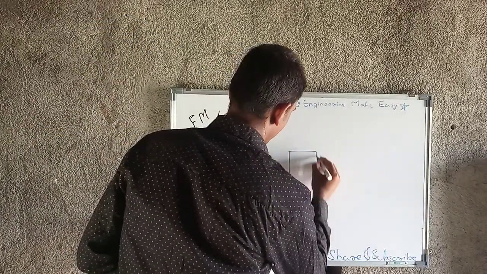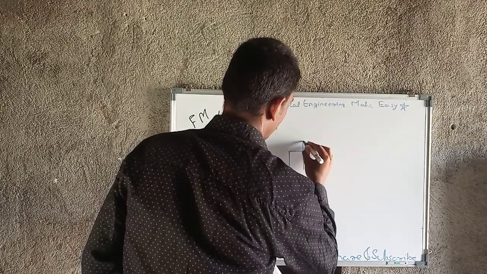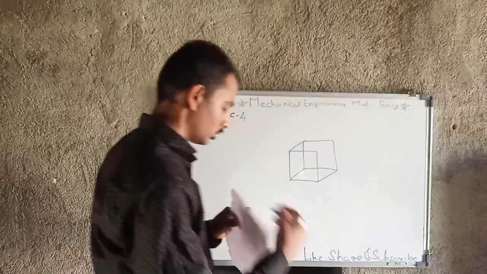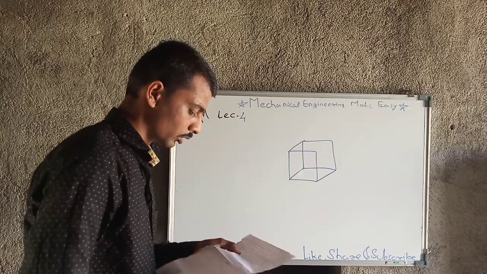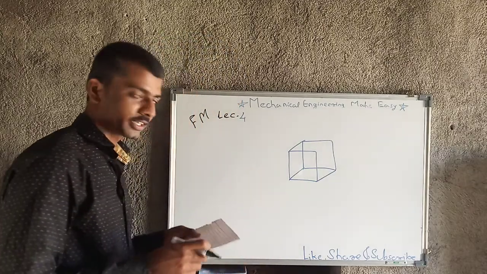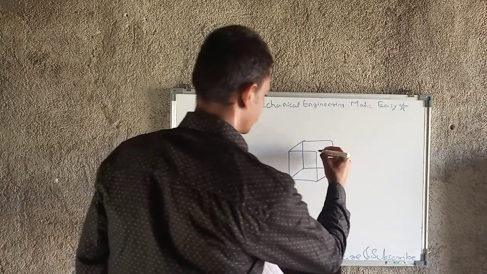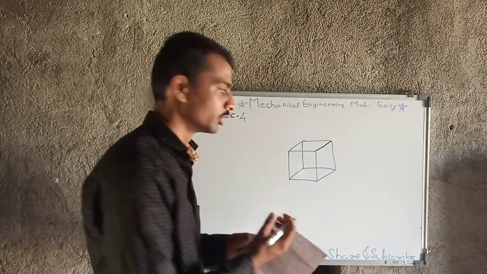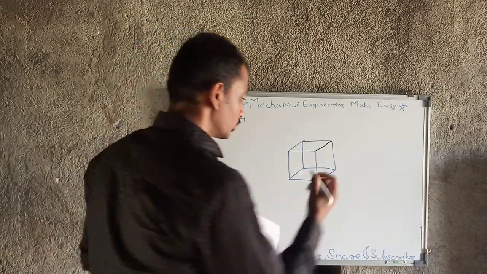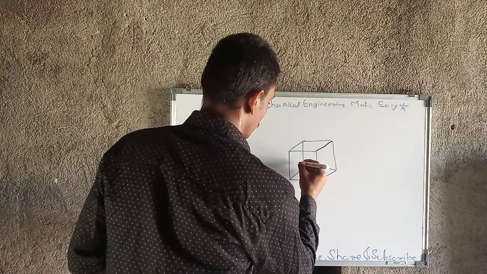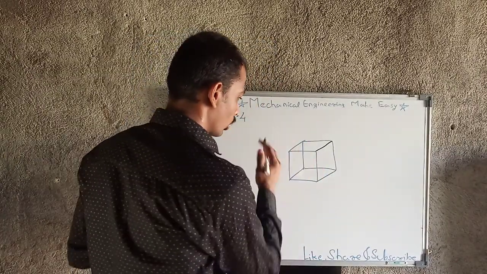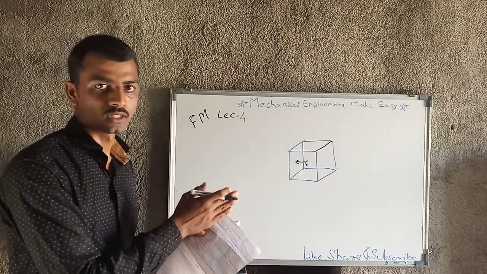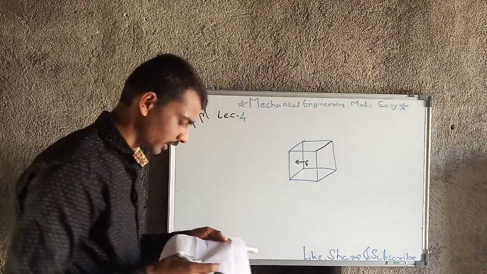Means if there is one cube, the fluid inside will be in a static condition, means that fluid will not have any motion, it is only stored in that cube. So the fluid molecules will exert some force on the walls of this container, and that force will be perpendicular to that wall. Okay, this is the concept.